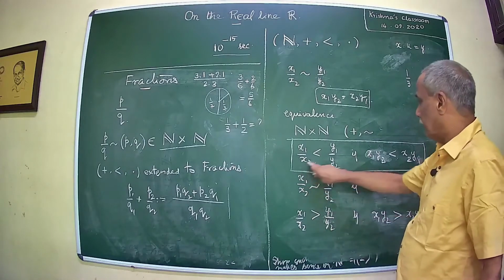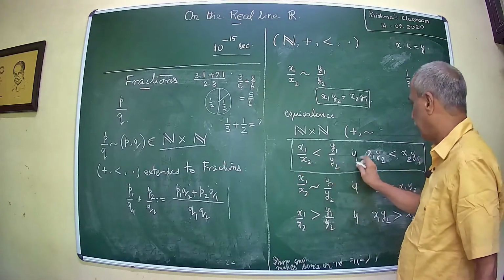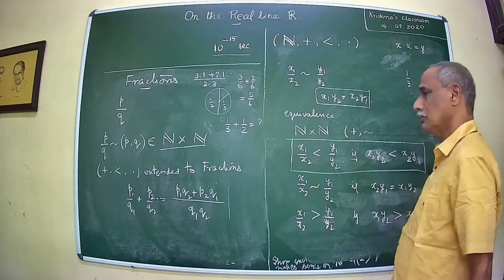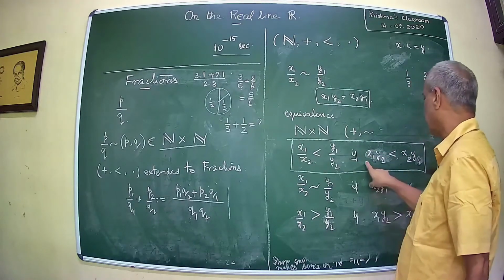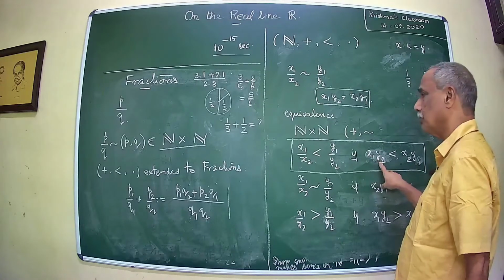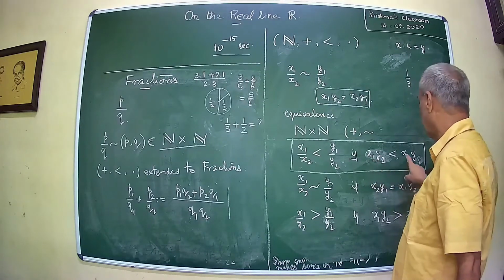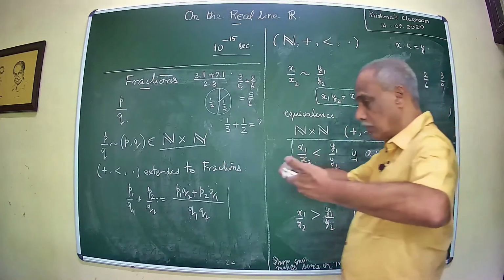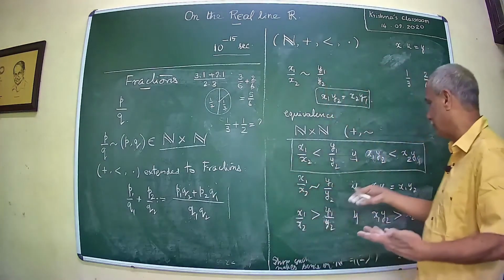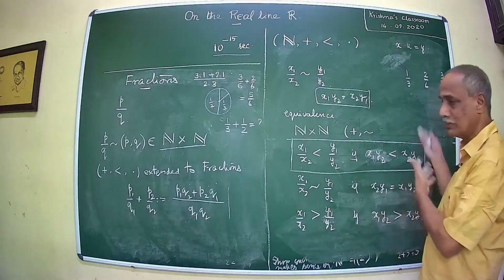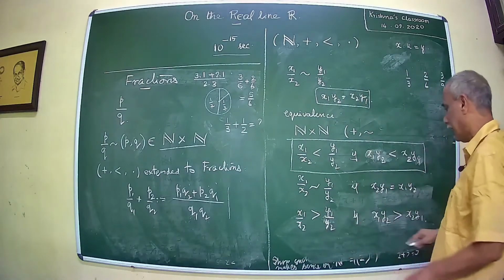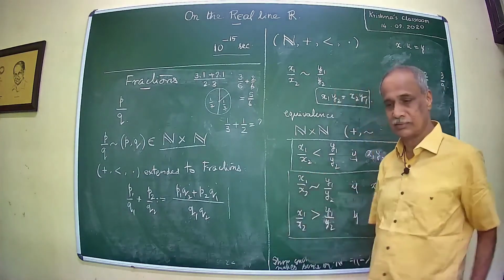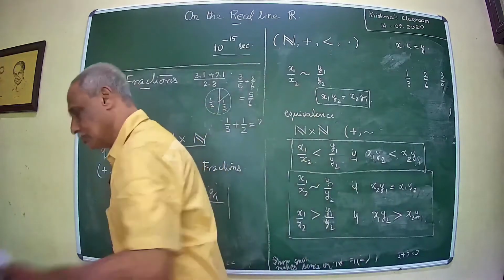Given x1, y2, you have x1 y2. Given x2 and y1, you have x2 y1. Now given two natural numbers, you can compare them, whether this is less than that, or greater than that, or they are equal. Accordingly, we introduce the order structure. Okay, that's what it is.